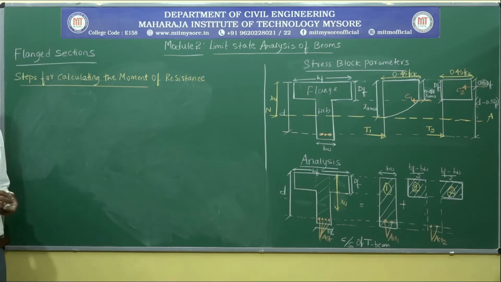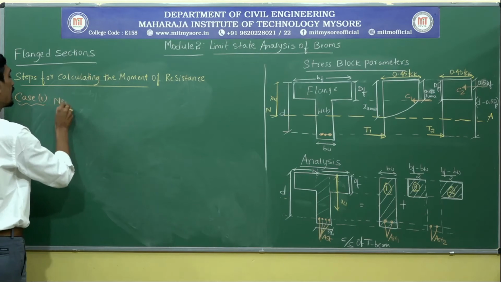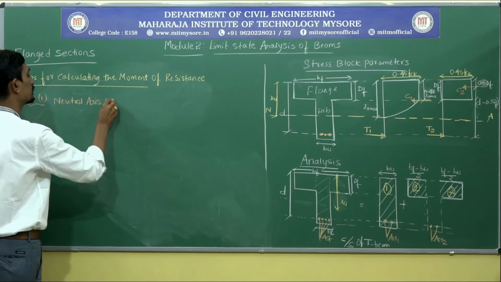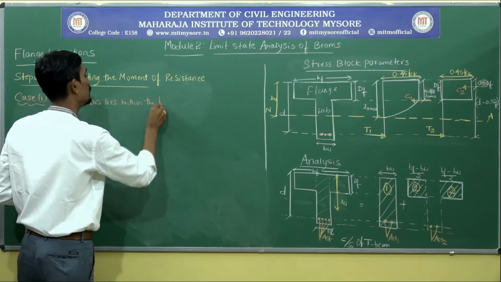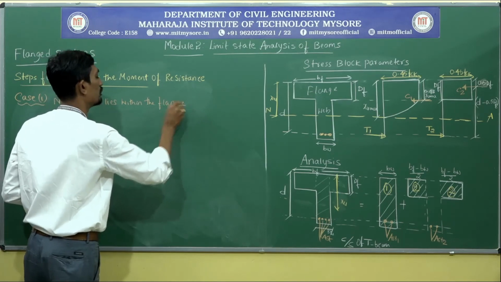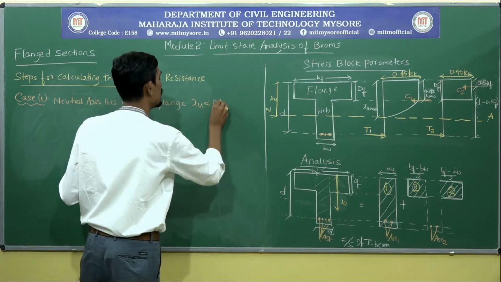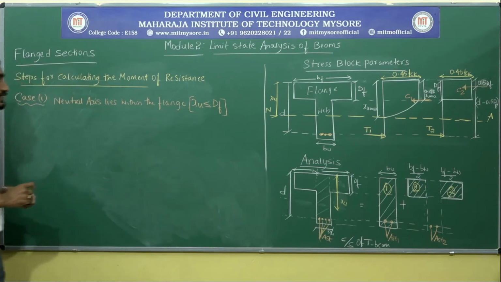The first is case number 1. Let me go with the first case, that is neutral axis lies within the flange, that is XU lesser than DF or equal to DF. So this is the first case.